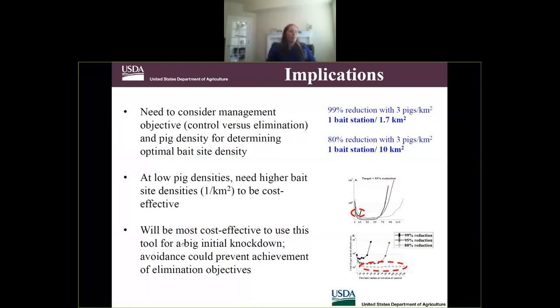This tool in general will be most cost effective to use as a big initial knockdown, but it becomes much less cost effective if it's used alone to reach near elimination. And avoidance could prevent achievement of elimination objectives. But more research is needed in order to measure what proportion of individuals might actually avoid.